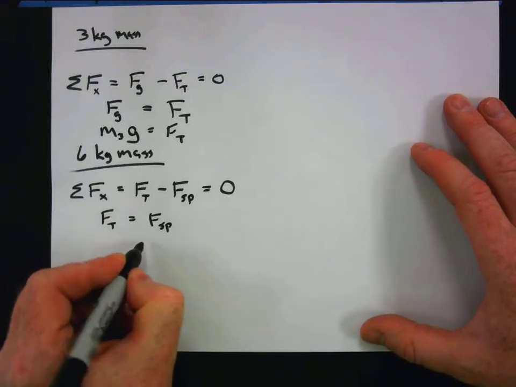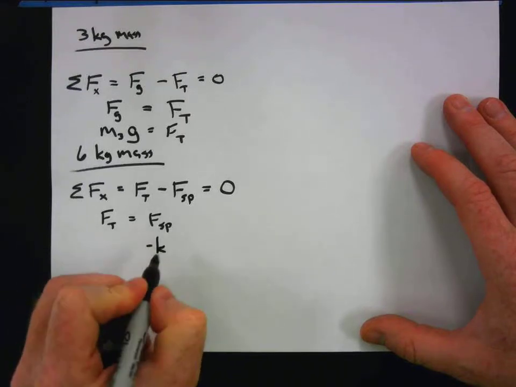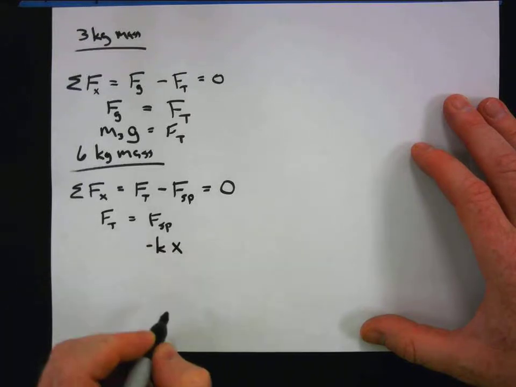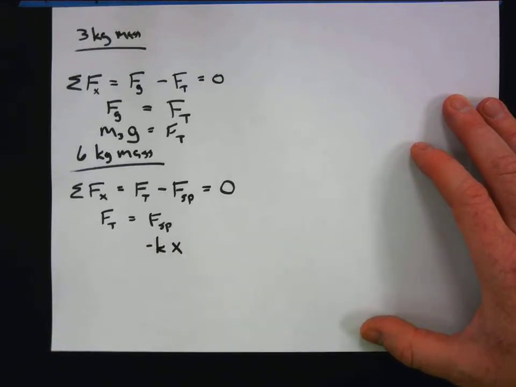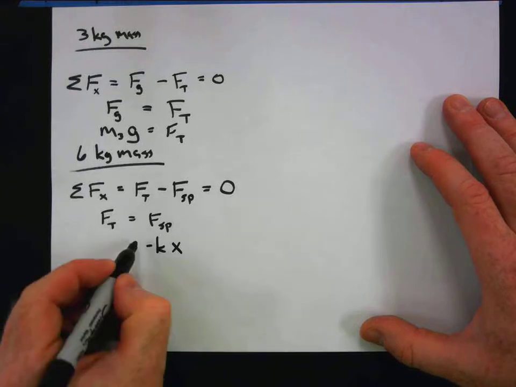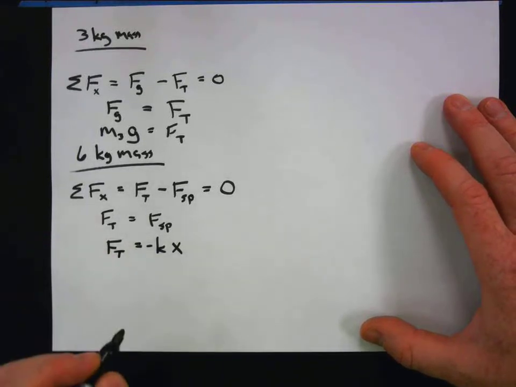I know the value of k. It was given in the problem. And x shows up there, and it turns out x is the thing I'm looking for. It's the distance that the spring has been stretched. And that equals the force of tension here.